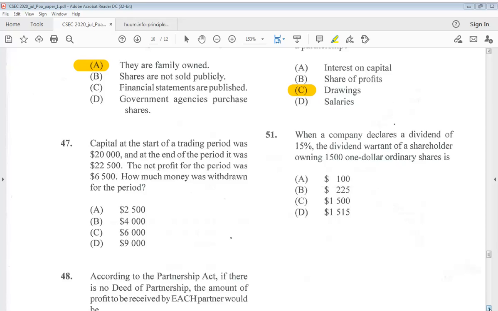Now, 1,500 ordinary shares, and we simply find 15% of that. So 15% of $1,500 is actually, what would we arrive at? I think the answer is B, $225.